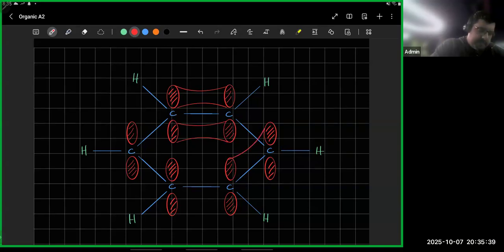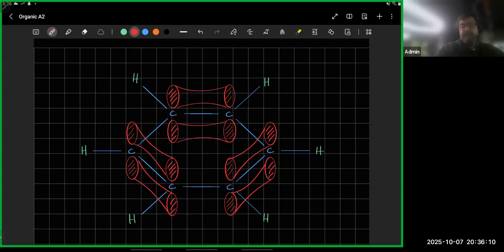These would overlap and they would also form a double bond on the side. ठीक है. And then there's a third double bond, which is this. So काफी अच्छा बन गया.